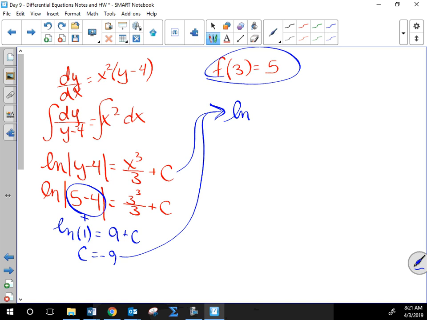We said that what was inside our absolute value bars was positive, so we take the positive version, which means we can just remove our absolute value bars and leave it as parentheses: y minus 4 equals x cubed over 3, and then plus c would be minus 1.